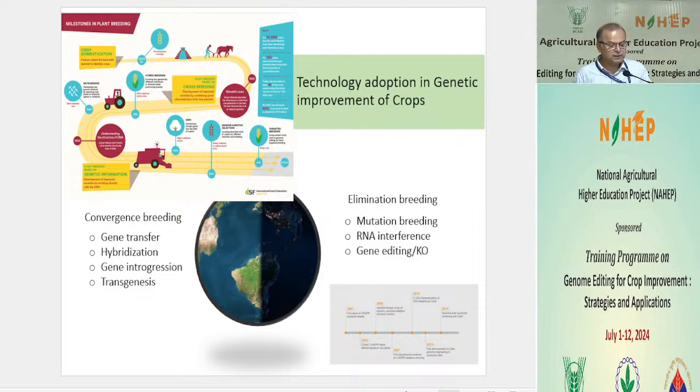But what was missing was that whenever you required to eliminate something, it was very difficult. You were still dependent on mutating that gene, which was very cumbersome. So that part was taken care of by the development of various methods, one after another. The first one is where you can silence a gene or reduce its expression through RNA interference.